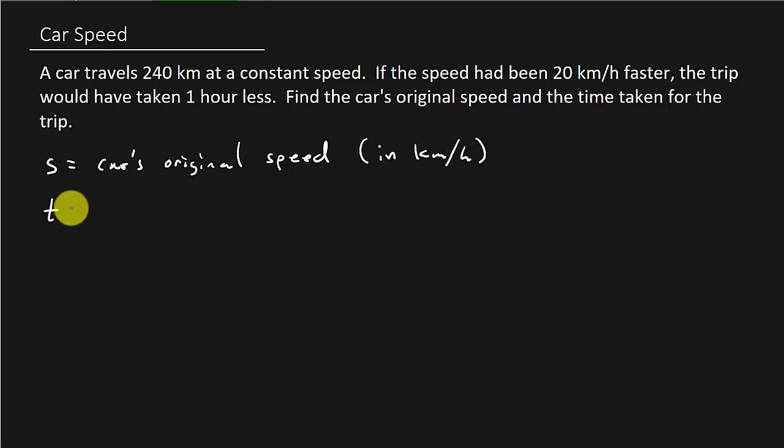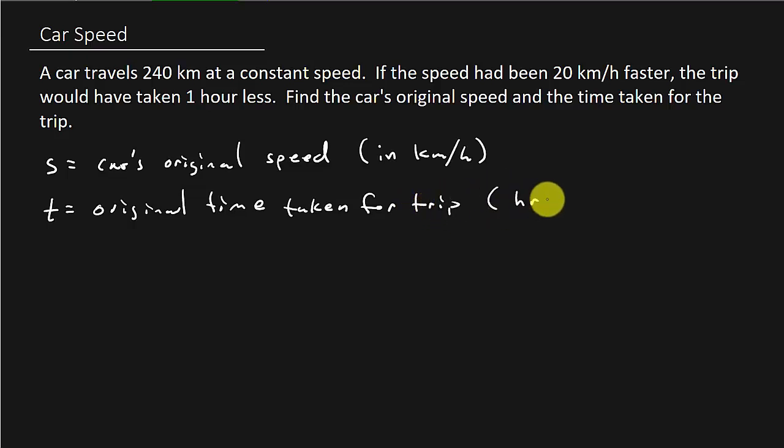And we're going to let T equal the original time taken for the trip, and that's going to be in hours. And we know the total distance is equal to 240 kilometers.